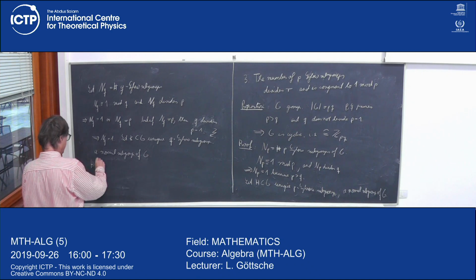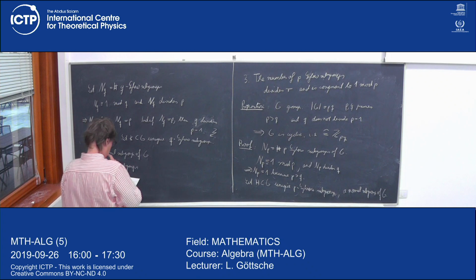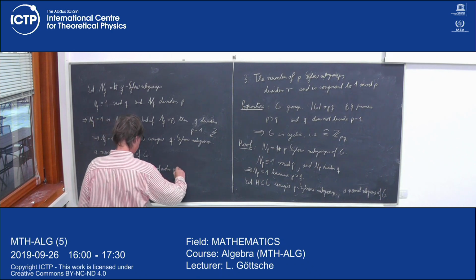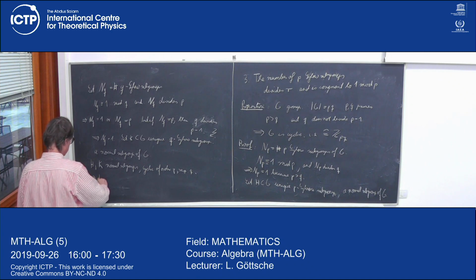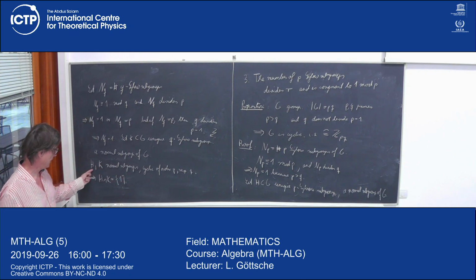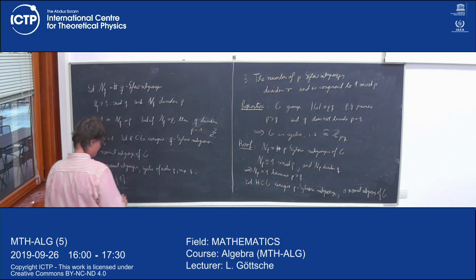So we have H and K are normal subgroups, and they are both cyclic of order P, respectively Q. So if I take the intersection, this consists only of the neutral element, because every element in H has order divisible by P, everyone in K has order divisible by Q, and so therefore this only intersects if the order is 1. So it is the unit element.